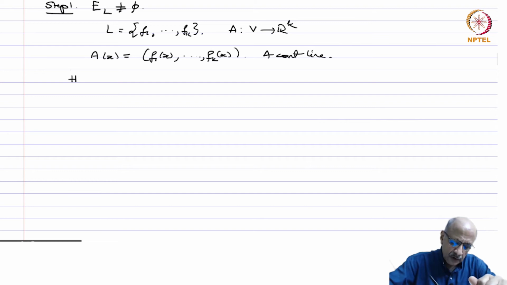So H closure is compact, we know. So this implies that A of H closure, let me call it K, is compact.